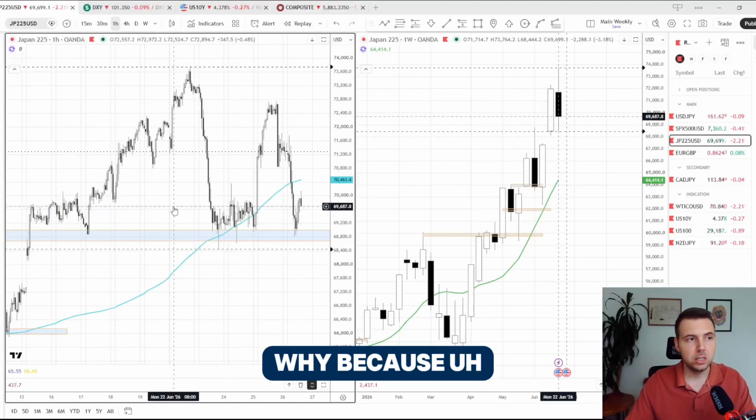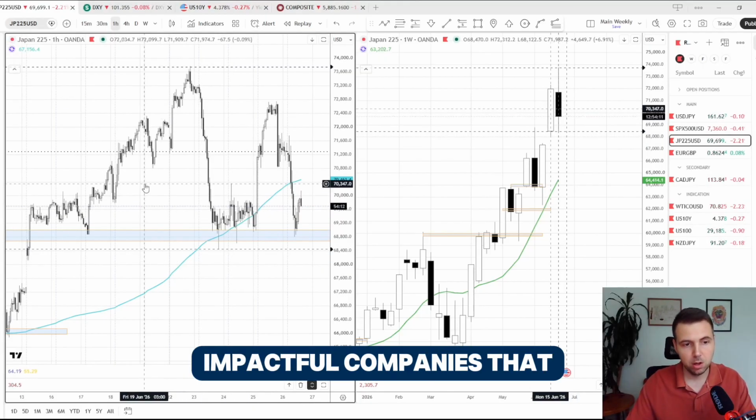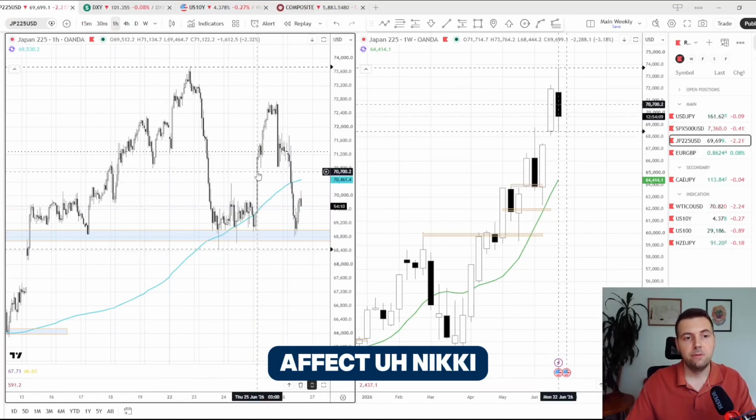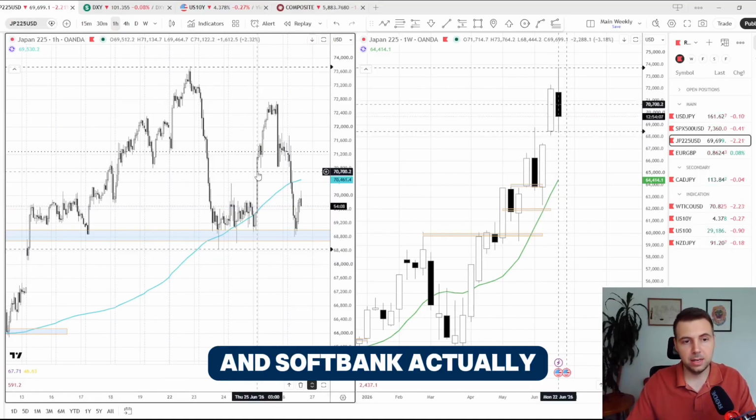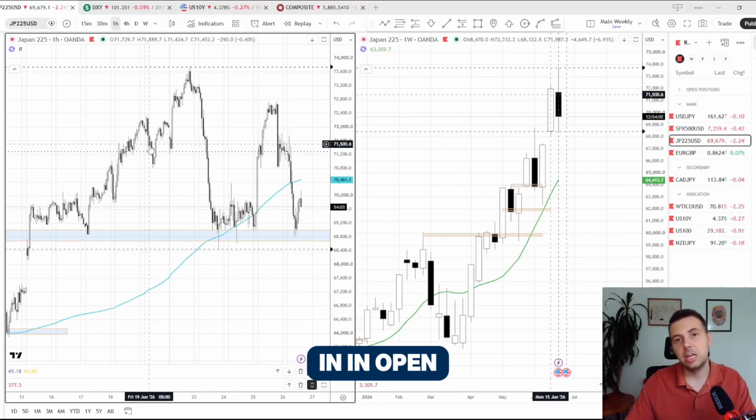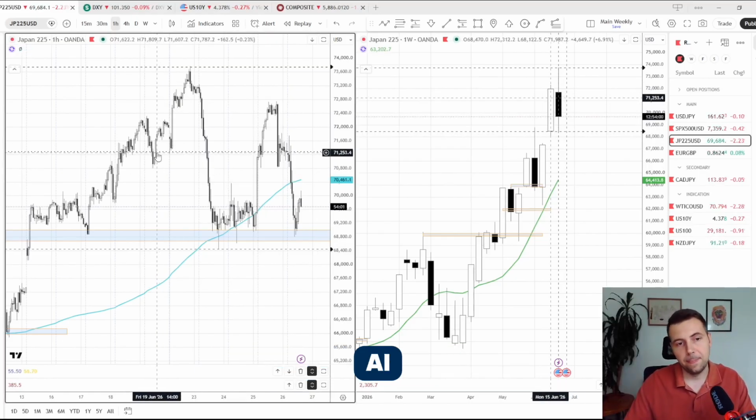Why? Because SoftBank is one of the most impactful companies that affect the Nikkei, and SoftBank actually owns a big share in OpenAI.